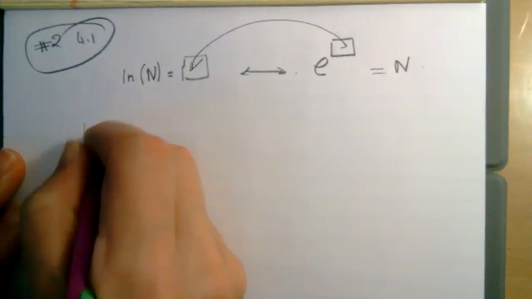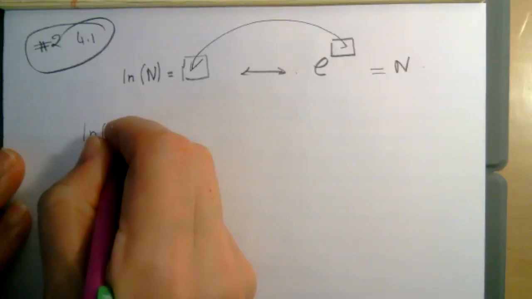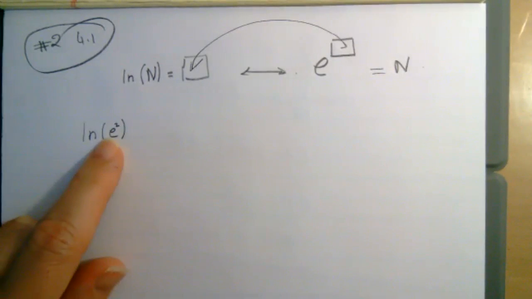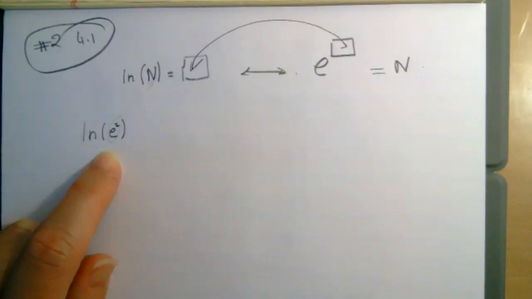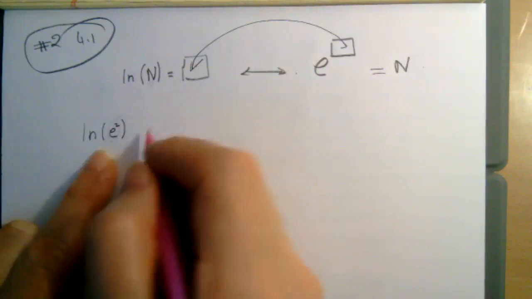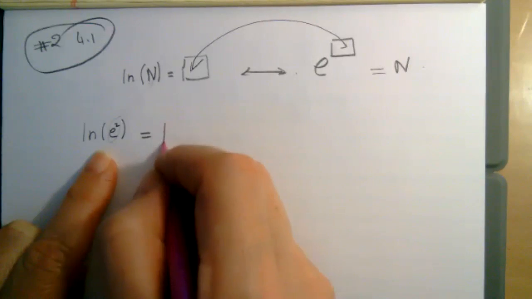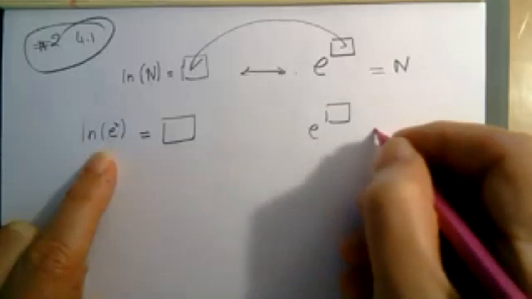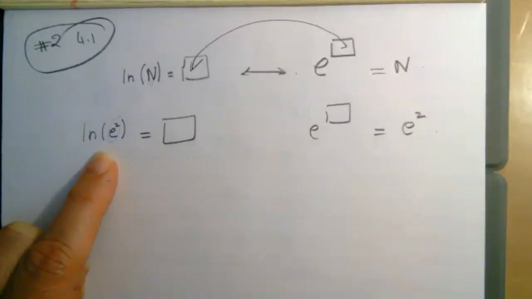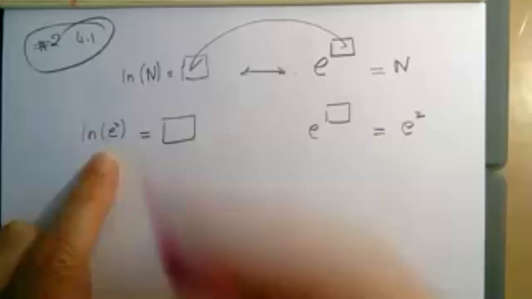What is the ln of e squared? It means what plays the role of n now? e squared is playing the role of n. So again, what should I put here so that e to that gives me e squared? 2. That's it.